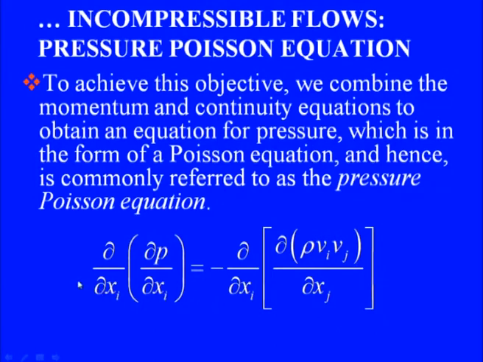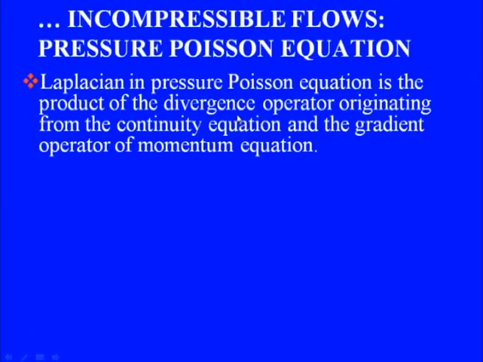I have purposely put these two operators separately, so that the outer del over del xi clearly indicates a divergence operator coming from our continuity equation, and the inner derivative del p over del xi, or here del over del xj of rho vi vj, are linked to our momentum equation. So, we should be aware that the Laplacian in the pressure Poisson equation is the product of the divergence operator originating from the continuity equation and the gradient operator of the momentum equation.